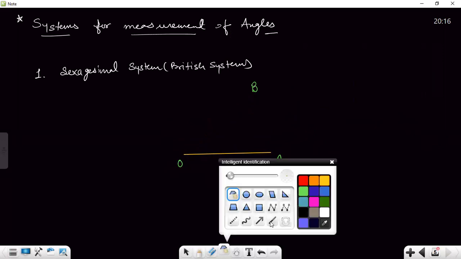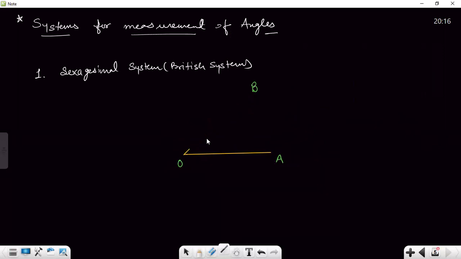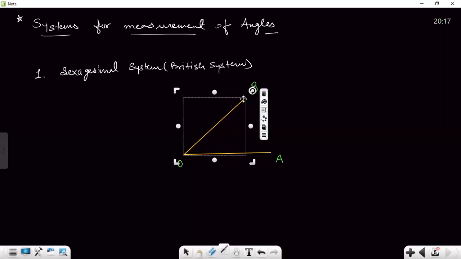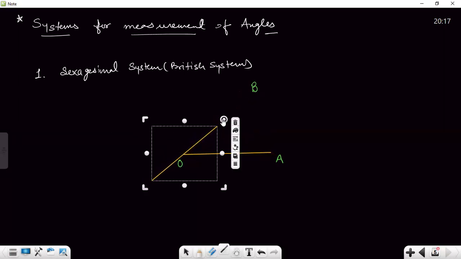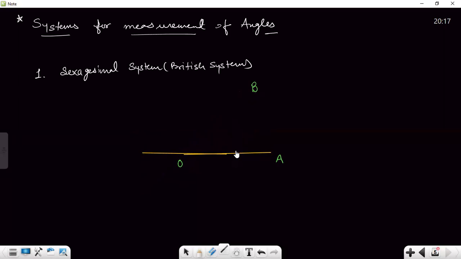Anyways, let's consider it like this. This is the initial part.